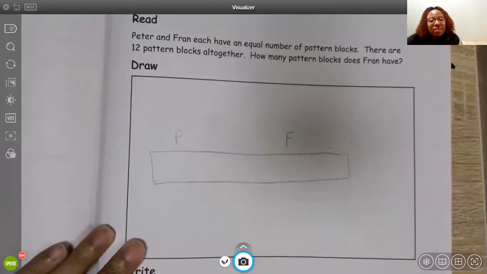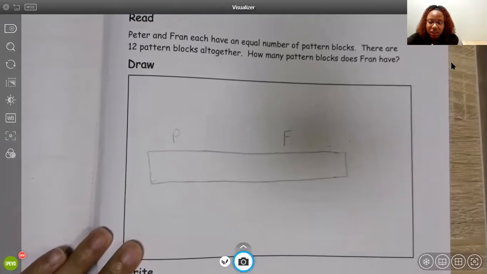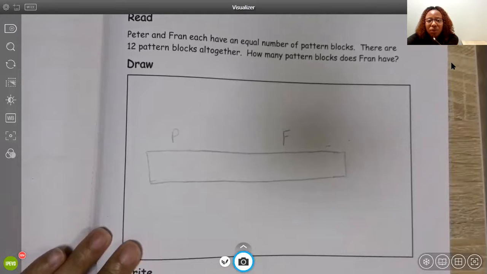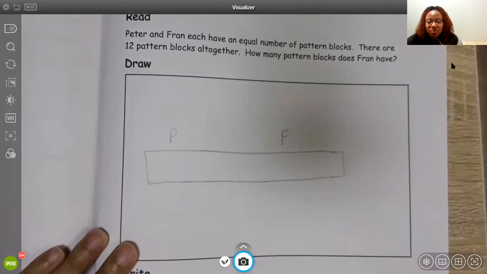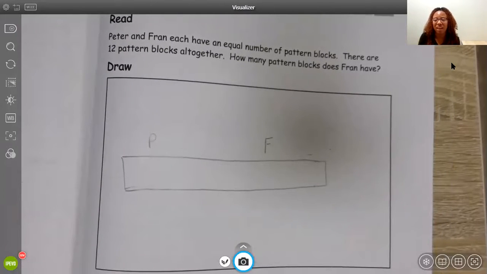But if I read my next sentence, there are 12 pattern blocks all together. Do you think that will be a part or a whole? I know some of you might think it's a part, but it's actually going to be a whole because of the words all together.